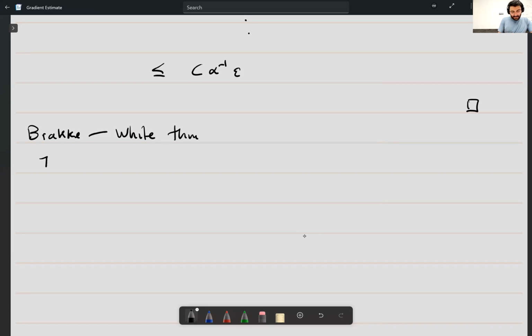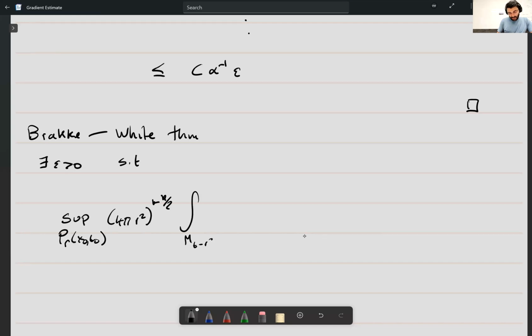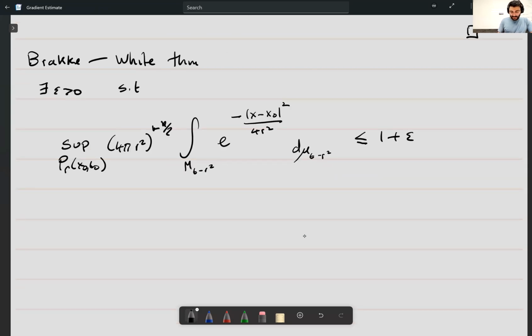It says that there is an epsilon greater than 0 such that if this quantity, sup over p, x0, t0 of 4 pi r squared to the minus n on 2 times the integral over Mt minus r squared of e to the minus |x minus x0| squared divided by 4r squared, is less than or equal to 1 plus epsilon, then the curvature is bounded in a smaller ball.